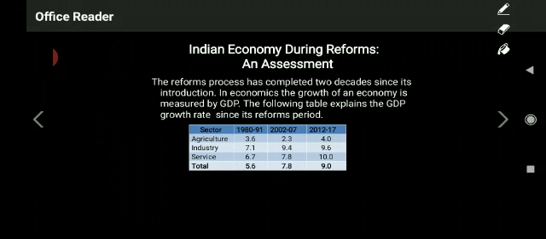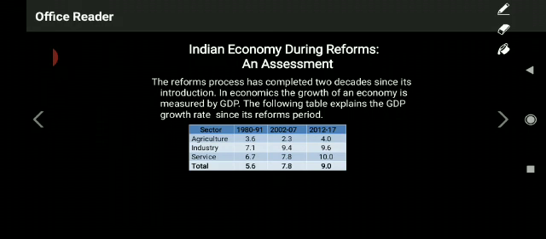The purpose behind increasing the growth rate of the service sector compared to agriculture and industry is to make India a technology-oriented country, to make things easier and electronic, to minimize cost and time, and to increase the quality and quantity of the product.